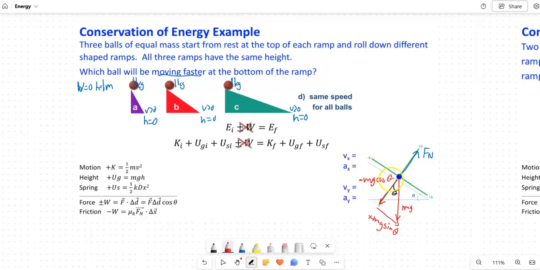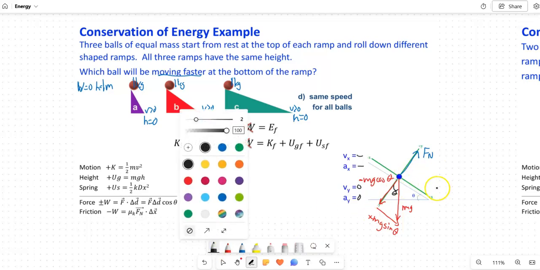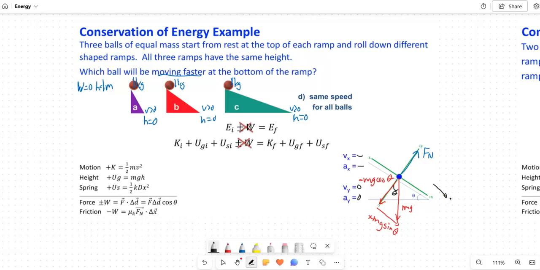Now, this is considered the x direction, so it is moving down that ramp, and it is speeding up as it's moving down that ramp. In the y direction, which is in and out of that ramp, it is not going to be moving or accelerating. Now, if you look at this, the normal force is being balanced out by mg, and neither of those forces are parallel to the motion. Again, that velocity vector in the x direction is pointed this way.